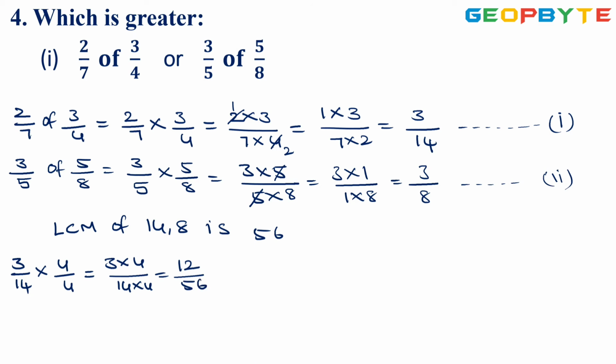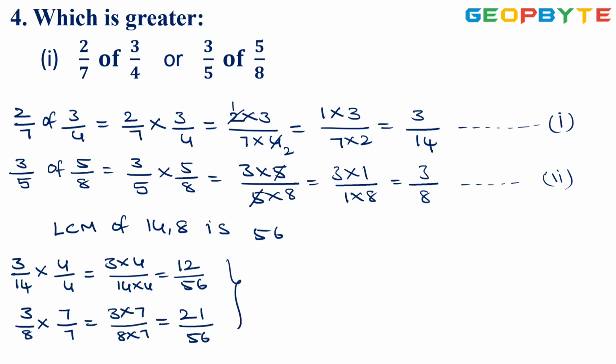Now this is the result of first one, and second one is we're having 3 by 8. In denominator also we need to get the 56 for second one. So 8 sevens are 56. So in numerator we need to multiply with 7 and in denominator also we need to multiply with 7, which is equals to 3 into 7 by 8 into 7, which is equals to 21. 3 sevens are 21 by 8 sevens are 56.